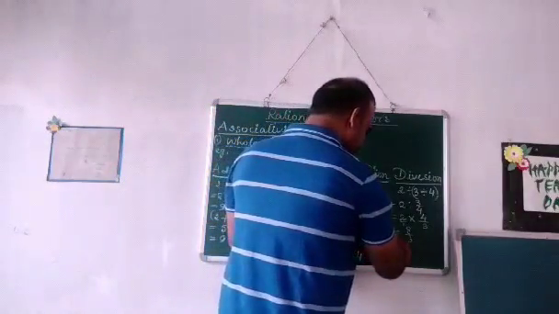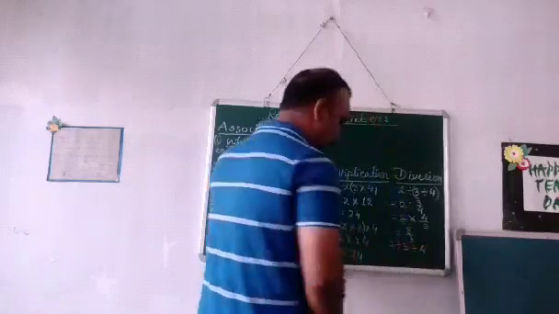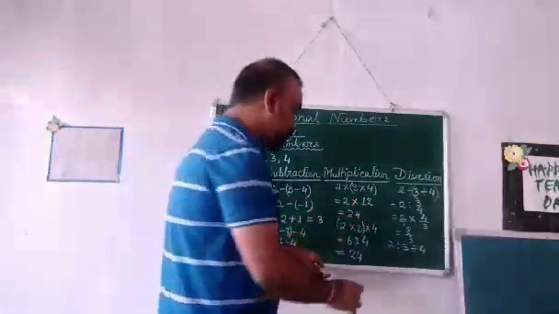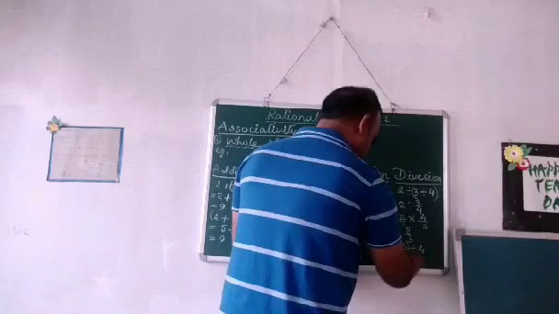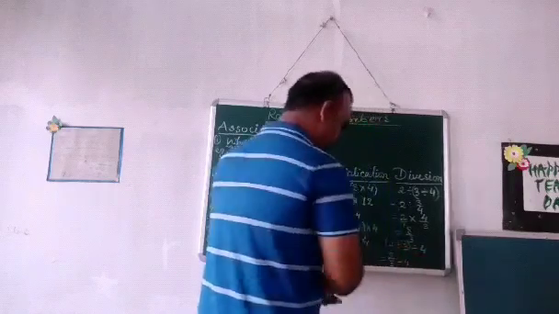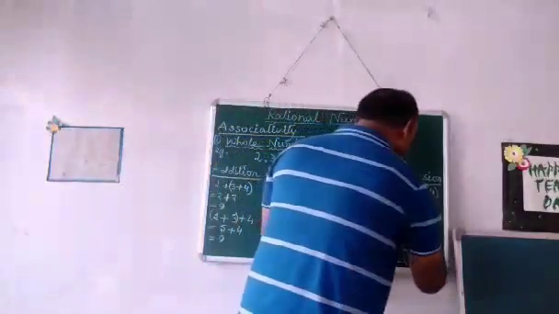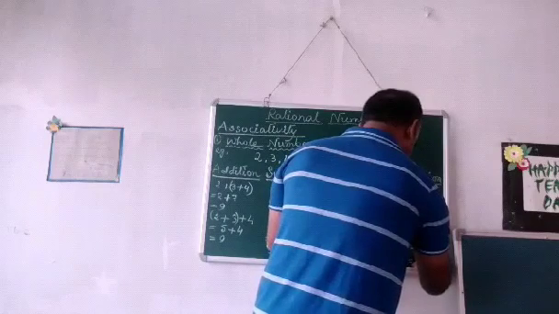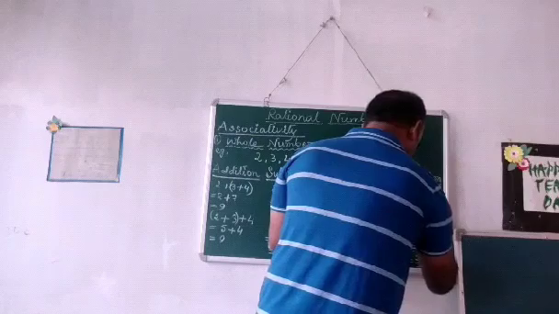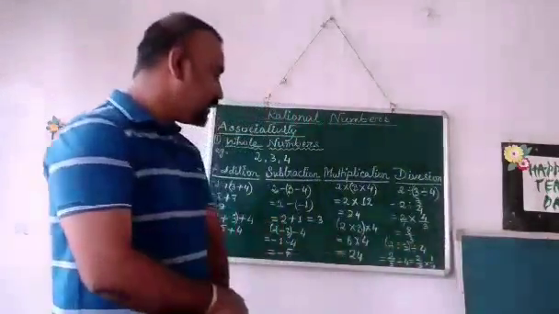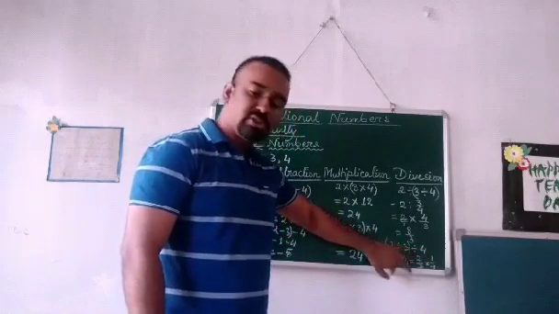The other one, two divided by 3 divided by 4. Let us combine 2 and 3 first. Two divided by 3, divided by 4. 2 by 3, when divide gets into multiplication, so 4 also gets reciprocated.